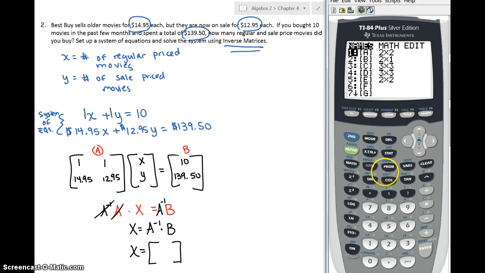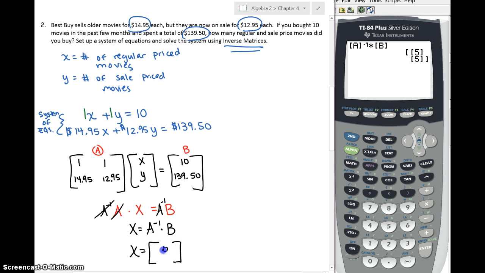So now we're going to go to second matrix, get our matrix A inverse times, grab our matrix B, and the answer we get is 5, 5. Now what does that mean?